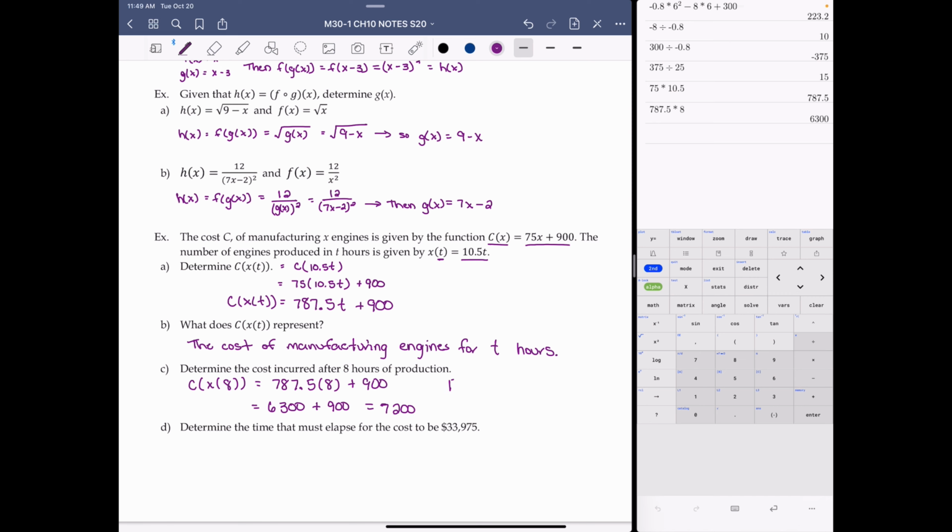So the cost for 8 hours of production is $7,200.